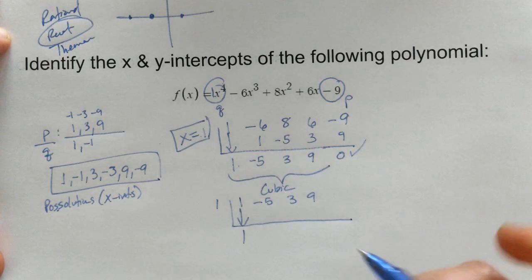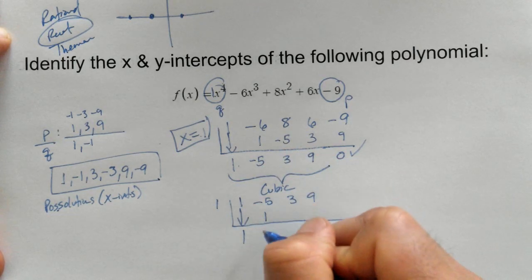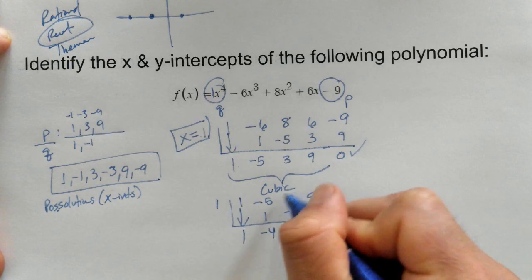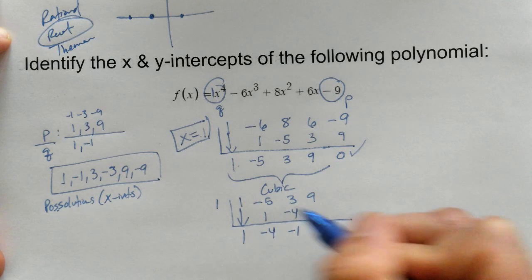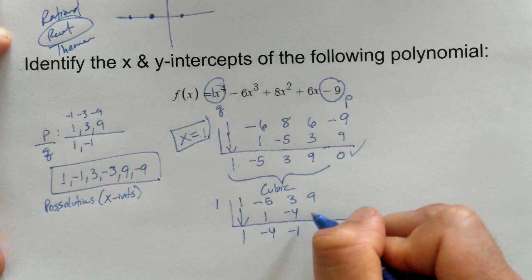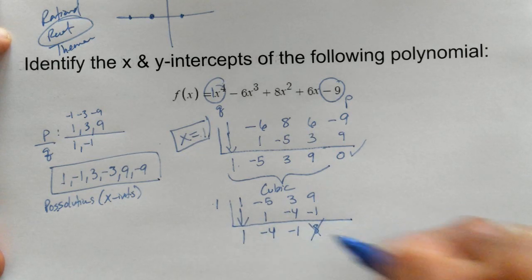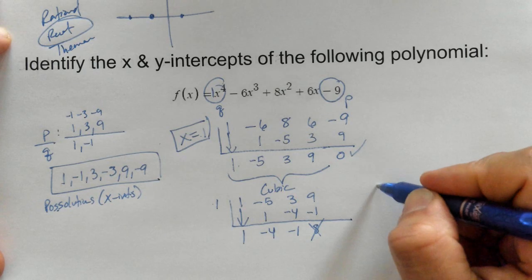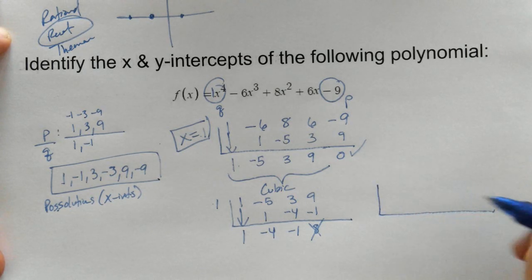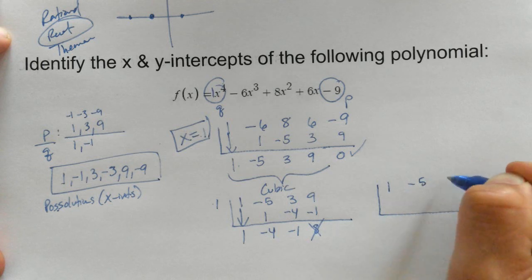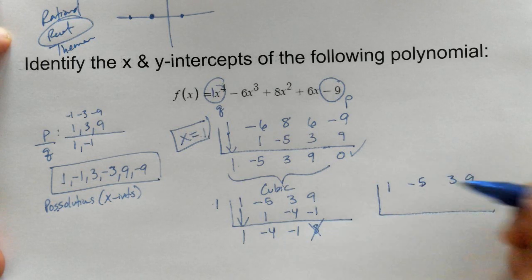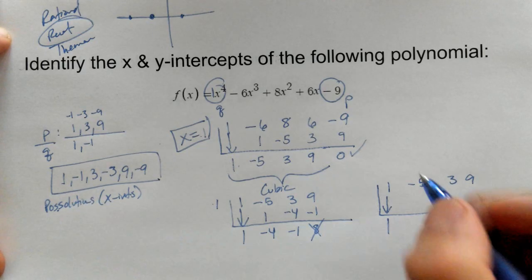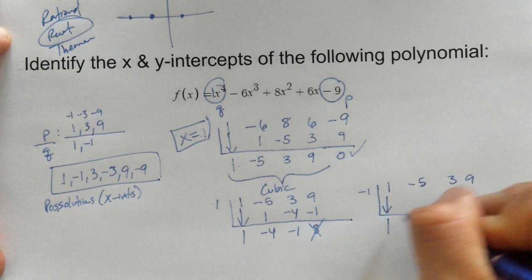Let's start with 1. 1 times 1 is 1. When I add these, I get -4. 1 times -4 is -4. When I add these, I get -1. -1 times 1 is -1. That does not give me a 0 solution. So then I continue this process with -1. -1 times 1 is -1.